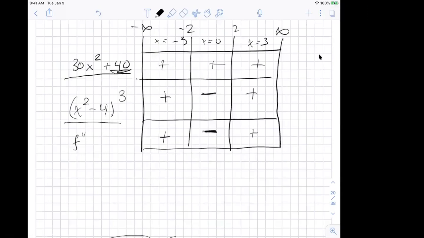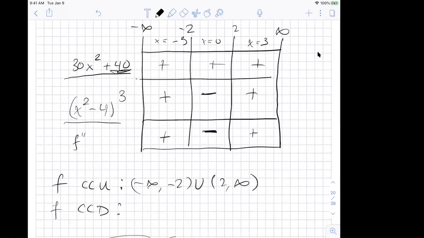Very good. So where is f concave up? Negative infinity to negative 2 union 2 to infinity. Perfect. And where is f concave down? Negative 2 to 2. Perfect.